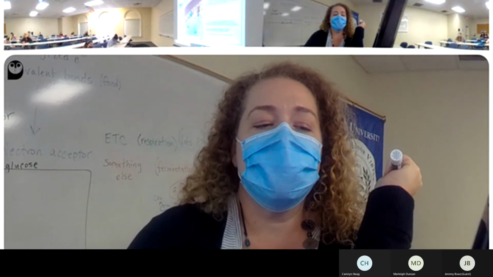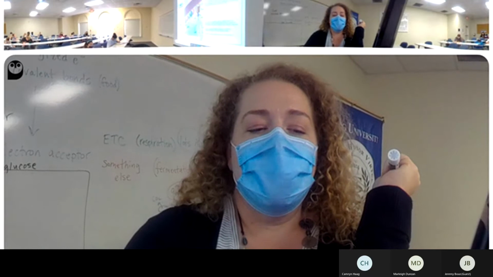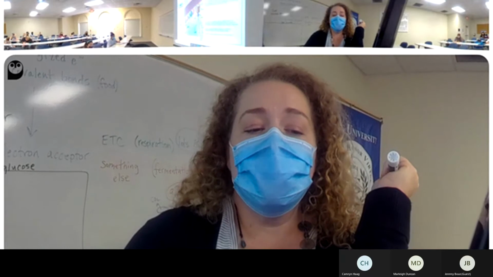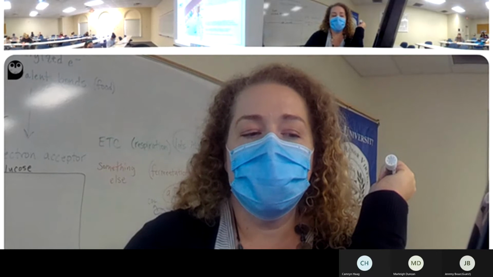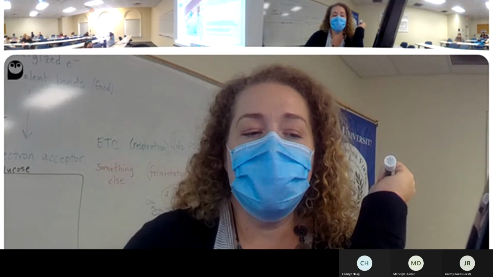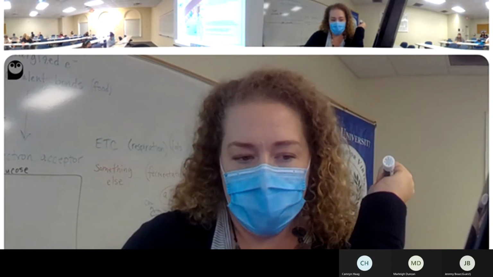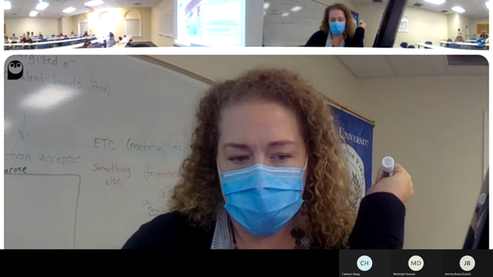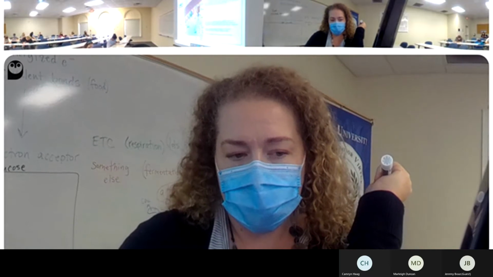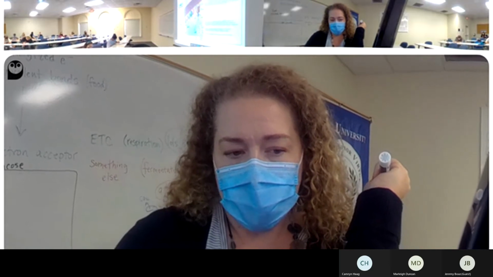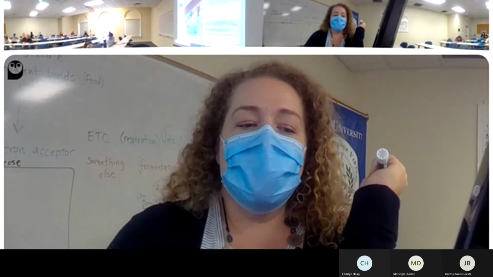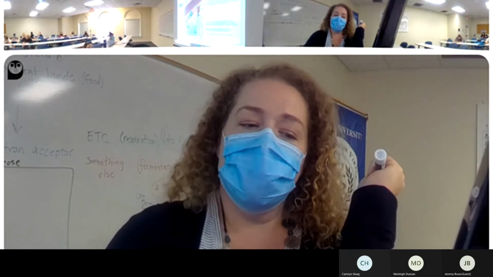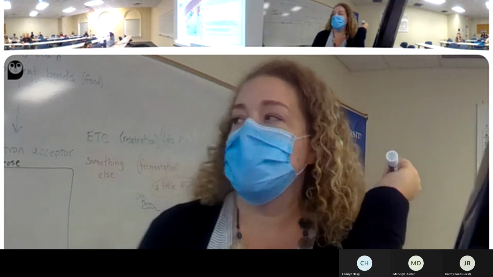Here come the electrons. And they are going to go on to one of these molecules that we call final electron acceptors. So electrons leave here, they come out down here, onto these final electron acceptors. And they join on with these molecules, and then they form a waste product.